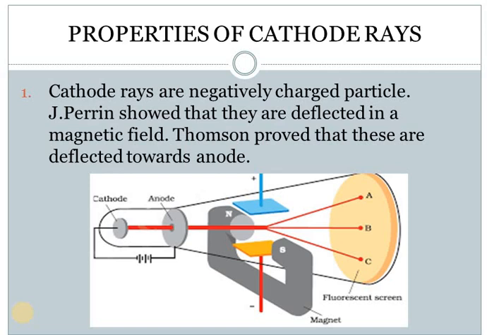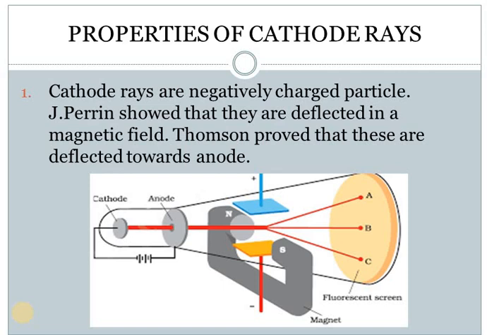They have shown it with the help of experiments. J. Perrin worked on the magnetic field while Thomson worked on the electric field, and by their effort it was proved that electrons, or cathode rays, are negatively charged particles.